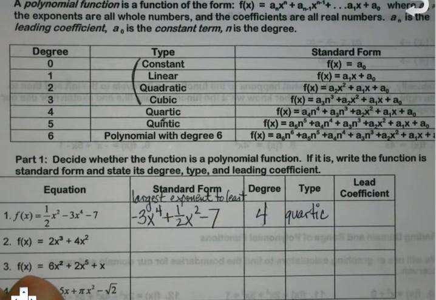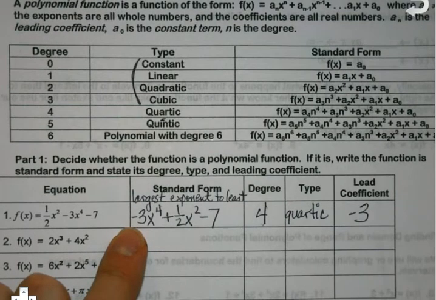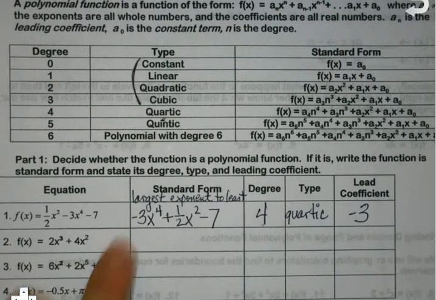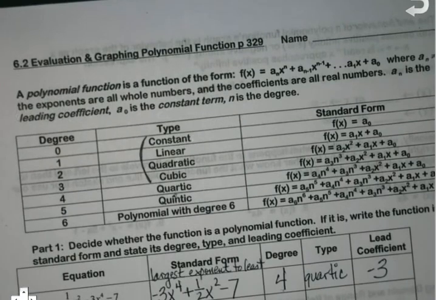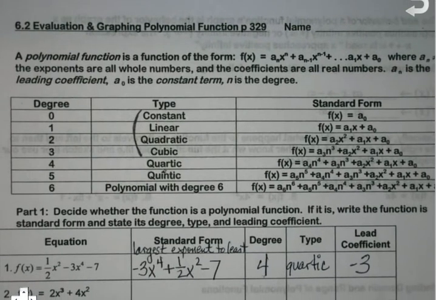And then what's our lead coefficient going to be? What number's in the very front of my standard form? -3. You want to be careful when you're asked for a lead coefficient to be sure that you put it into standard form first. Because if you just left it the way it is originally, you'd say it's 1/2. But that's definitely not the case for what we're doing on this one.